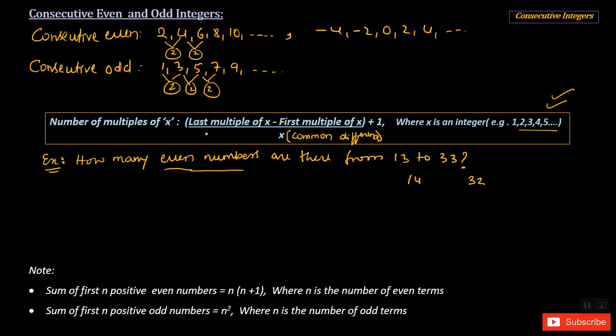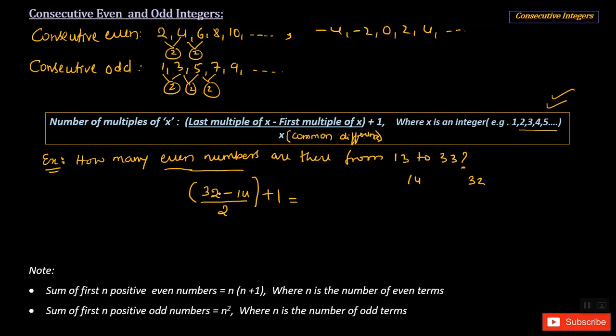So now we are calculating the multiples of 2 in this one. So what I do, the last multiple of 2, that is 32, minus the first multiple of 2, that is 14. This result we have to divide by 2, because this is the common difference, like every even numbers differ by 2, plus 1.